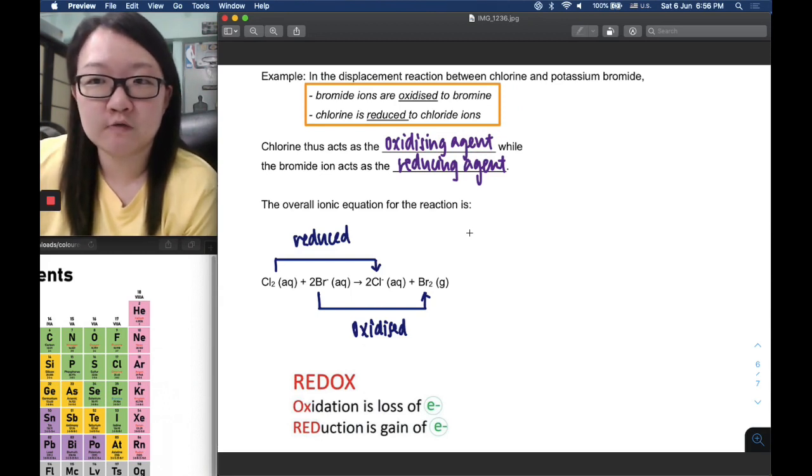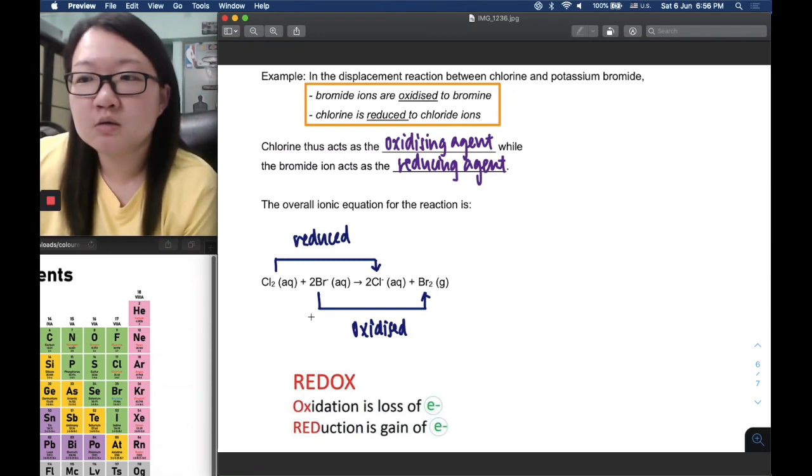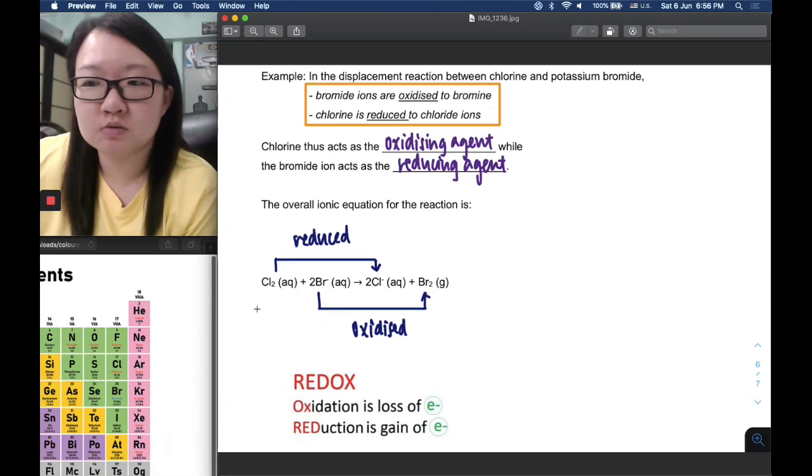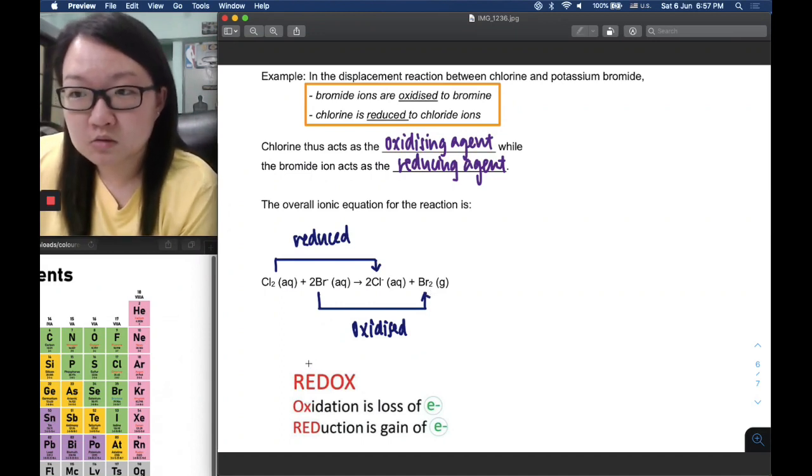Next time, very soon, we will start to look at ionic equations, looking at how the different species will react in the form of the representation in the form of ions. So when we learn redox, then all these will make sense to you. So over here, chlorine, Cl2, is being reduced to the chloride ion, and then your bromide ion is being oxidized into Br2, bromine.